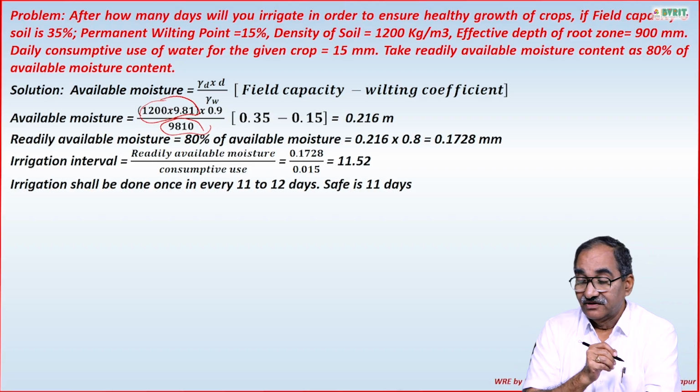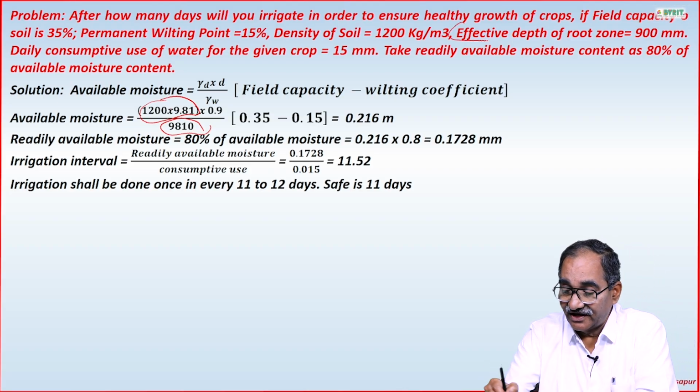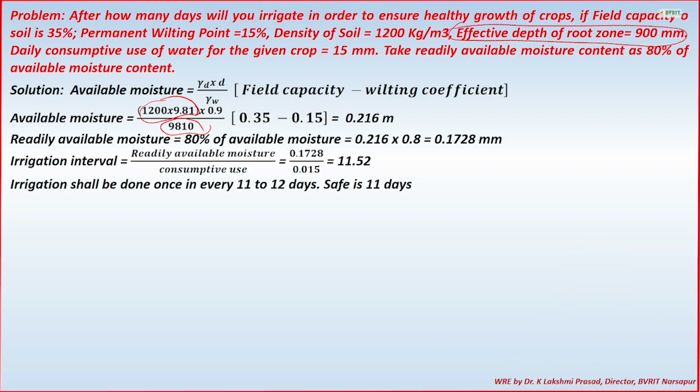From where does this 90 come? It is the effective depth of root zone, that is 90 mm. Then field capacity he has given is 35%, and wilting 0.15, 15%. So use it, you got it. So now the depth of available moisture is 0.216 meters.